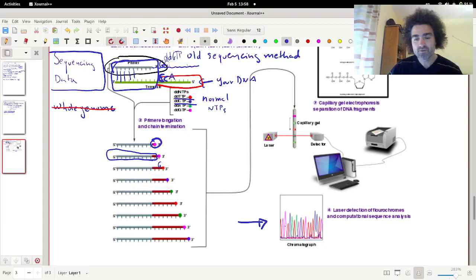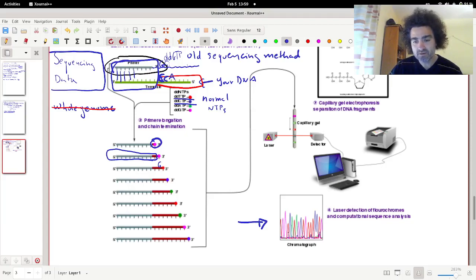So this is what we were doing several years ago. This is called a chromatograph. We were viewing images like that over and over again in order to determine that the sequence of this piece is actually here T, G, G, T, and so on.